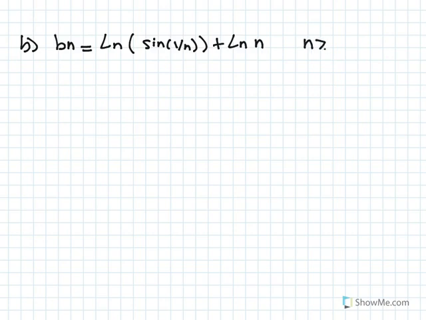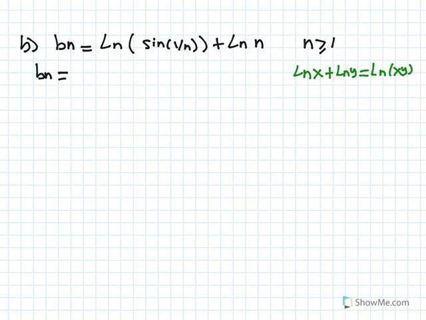Here we have b_n equal to log of sine of 1 over n plus log of n, for n larger or equal to 1. Let's rewrite this using the property of logs. One of the properties is log x plus log y is equal to log of xy.